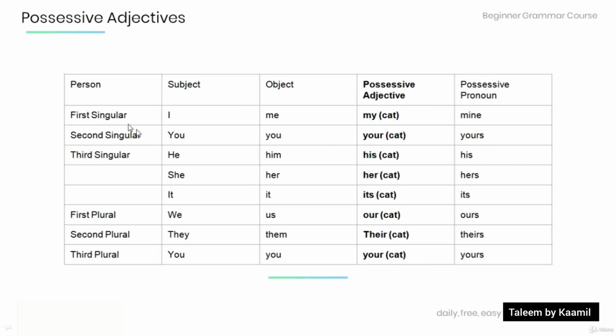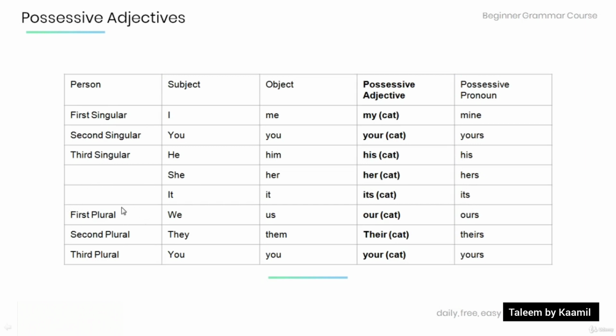Third person singular, subject, he, she, or it. Object, him, her, or it. Possessive adjective, his cat, her cat, its cat. The possessive pronoun, his, hers, its.